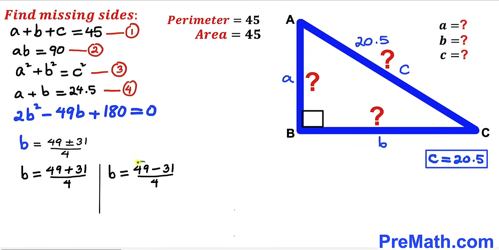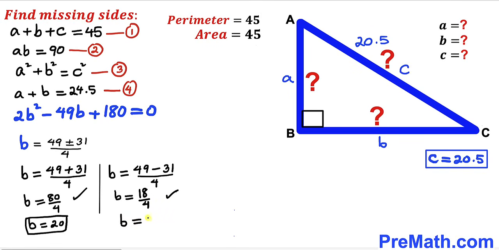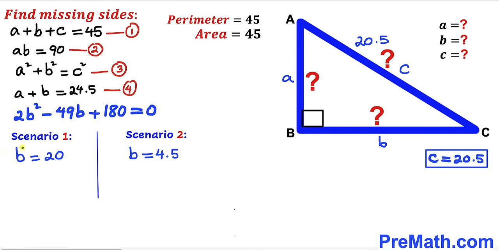And likewise, if we subtract 49 minus 31, that is going to give us 18, as you can see in this next step. So therefore, for this b, our b value turns out to be 20 units. And for this one, our b value is going to be equal to 4.5 units. So we got two scenarios. In scenario 1, our b value is 20, and in scenario 2, our b value is 4.5.